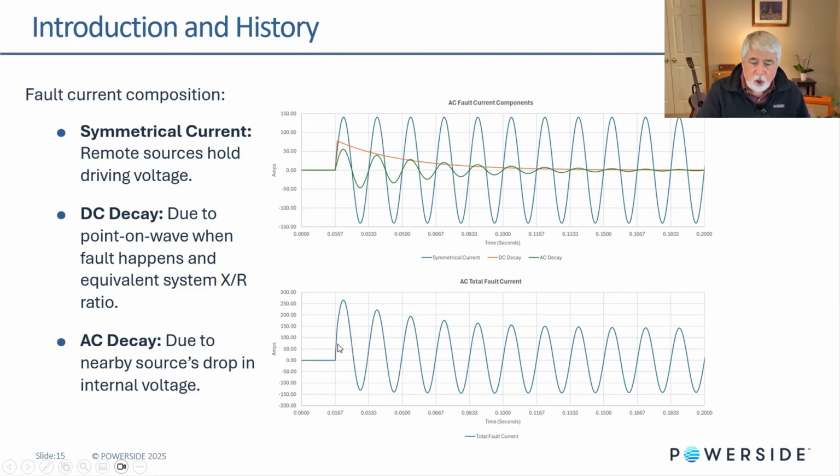So you can see the total fault current has a DC offset, it has a DC decay, it has a high AC component, and then it has AC decay, and it finally settles into what's left over at the end when everything decays, which is the symmetrical current. The symmetrical current is what we calculate using all of the admittance matrix methods.